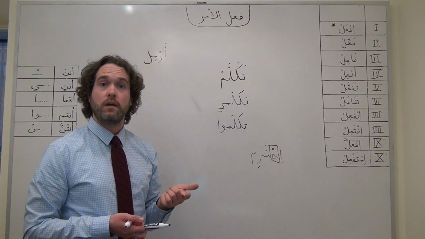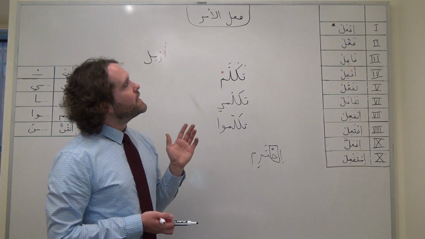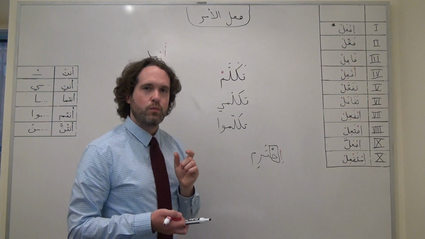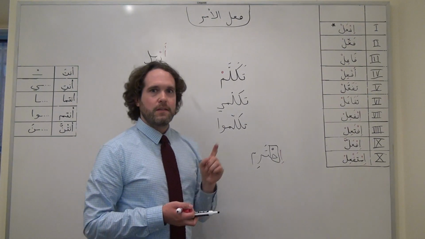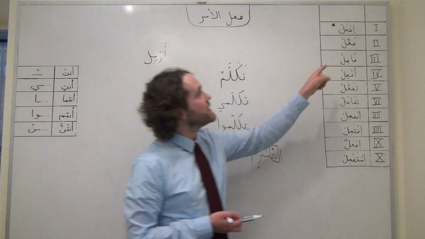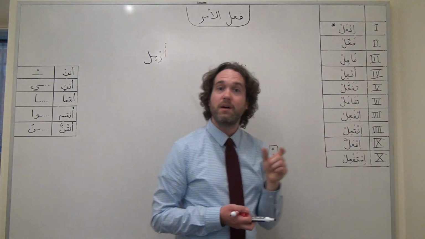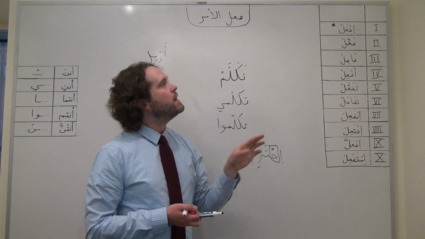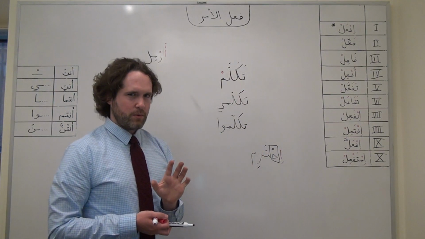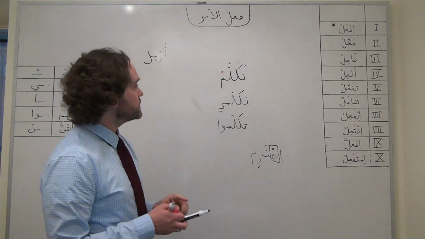It could be fatha or dhamma or kasra. And this vowel at the beginning is going to change depending on which one of those it is. If the middle vowel is a fatha or a kasra, we're going to maintain this kasra here at the beginning. But if the middle vowel is a dhamma, then we're going to add a dhamma at the beginning. That was a lot of words, so I'm going to share some examples.